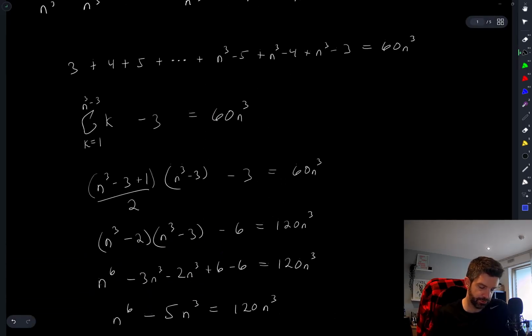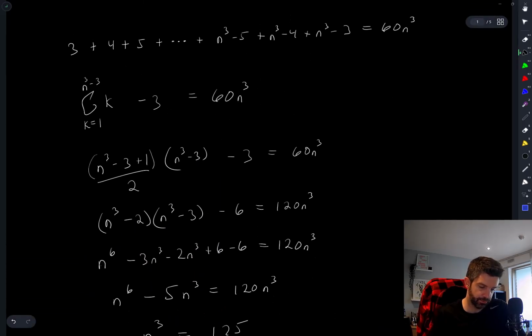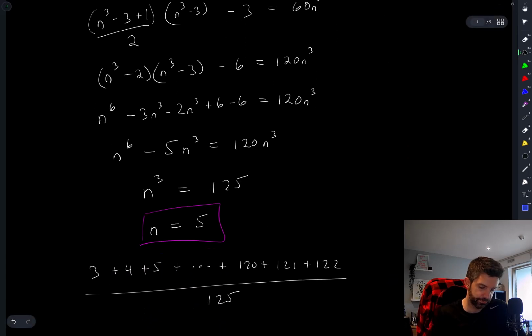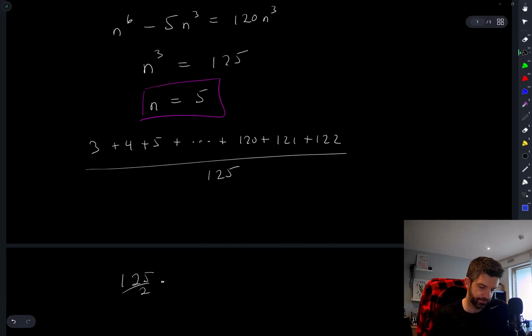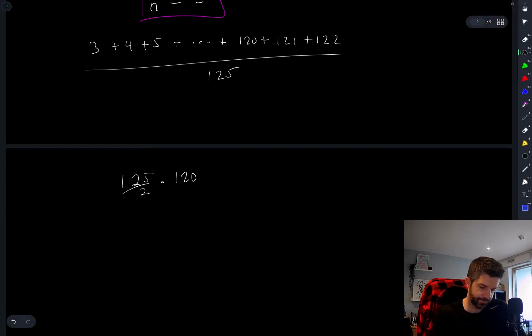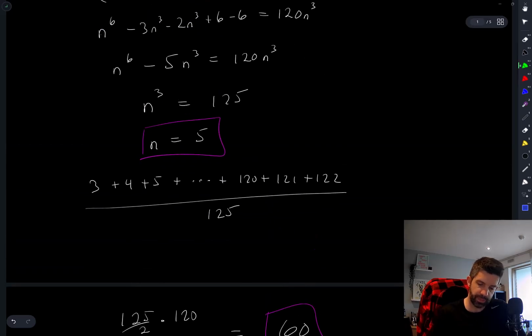The number of terms is 120. So this is clearly equal to 60. Yeah. So that's my answer, 5.